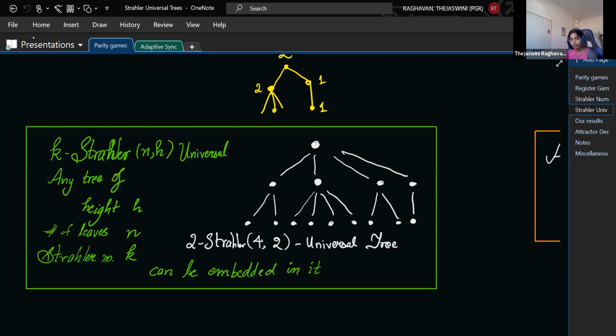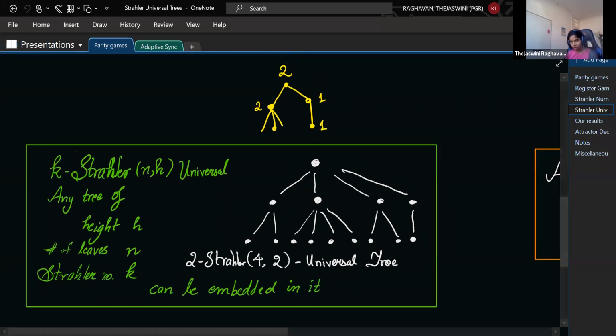And what is a Strahler universal tree? Well, a k Strahler n,h universal tree is a tree which has height h, but can embed any tree which is small in terms of number of nodes, as in it has at most n nodes, and whose Strahler number is also restricted.